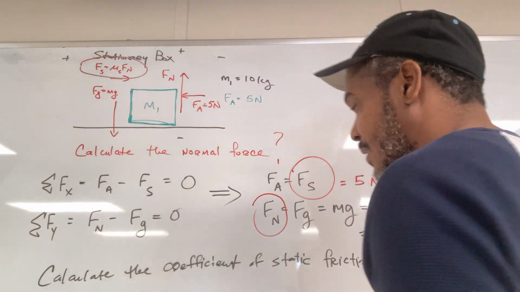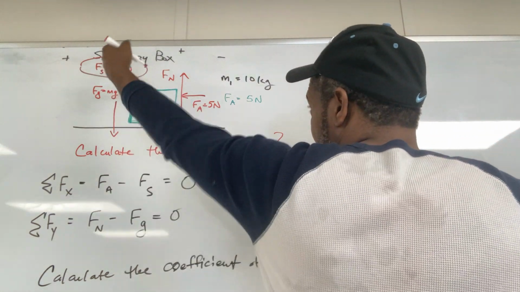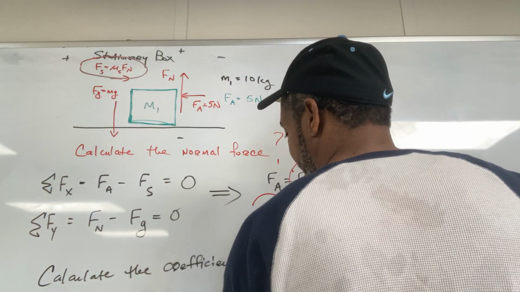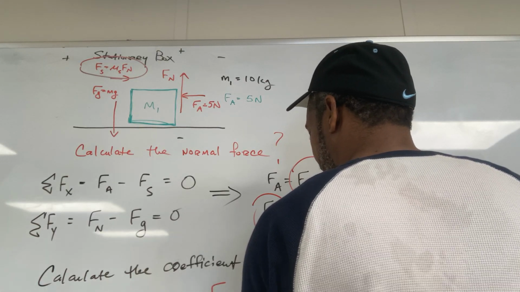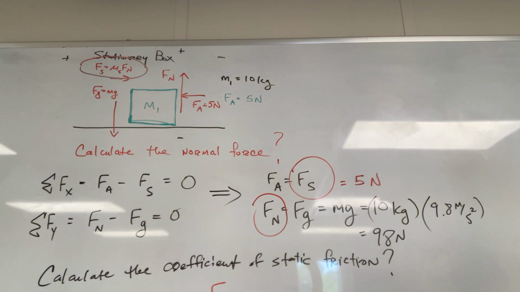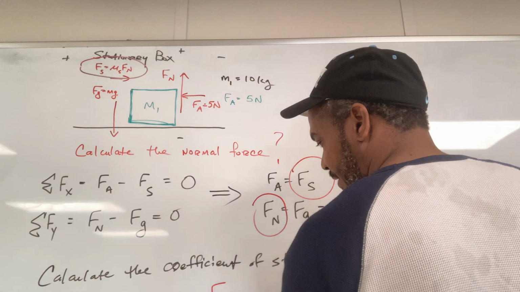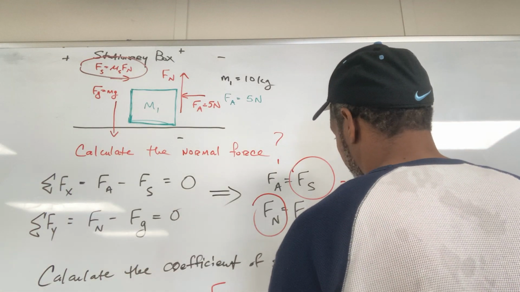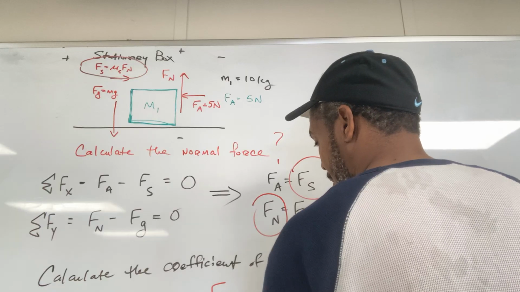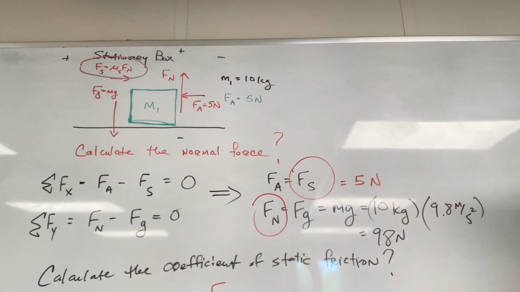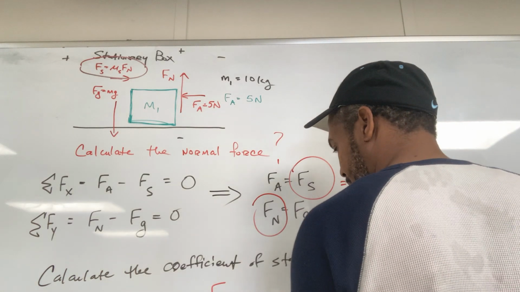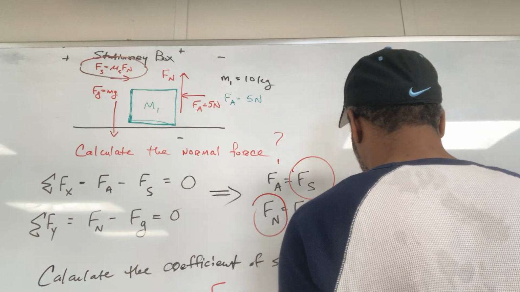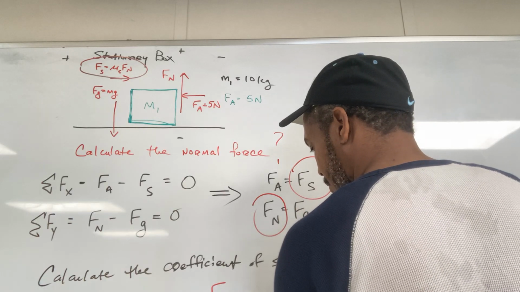So then I'm going to take my equation there. F of S at the top equals what? Mu of S times F of N. And I know that F of S is equal to 5 newtons. F of N is equal to 98 newtons.